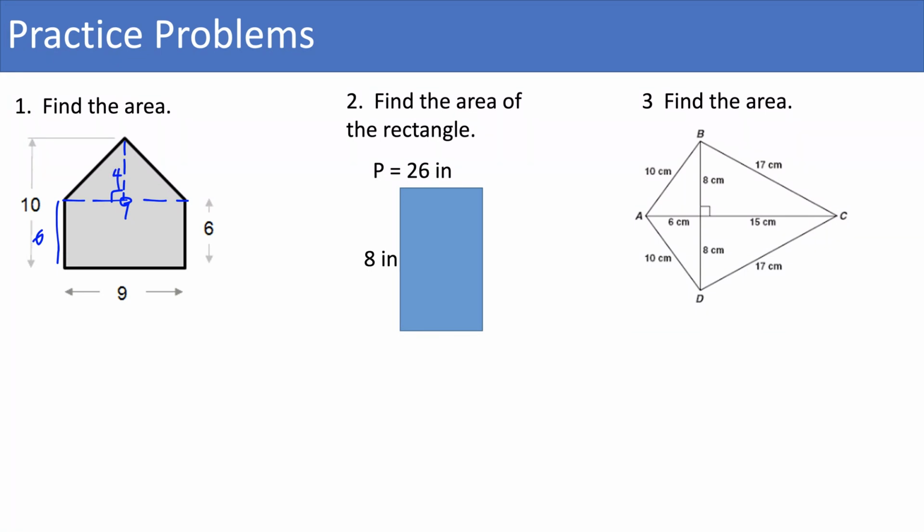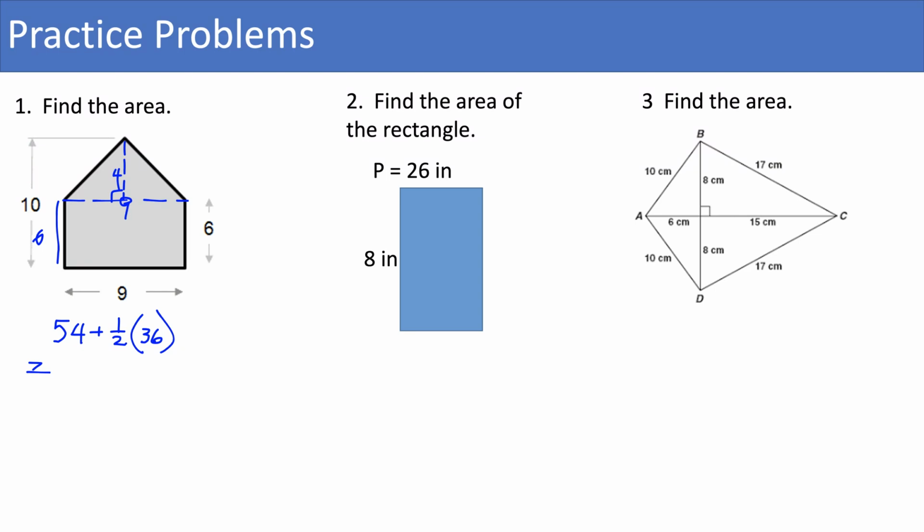So this rectangle is 9 times 6, which is 54. The triangle is half of 4 times 9. So that's half of 36. Don't forget the half. So that's 18.